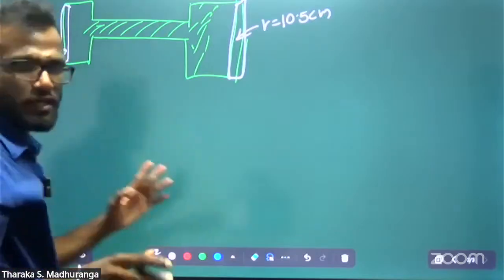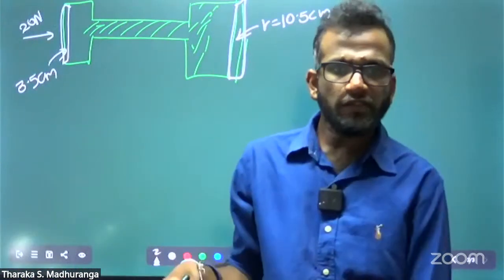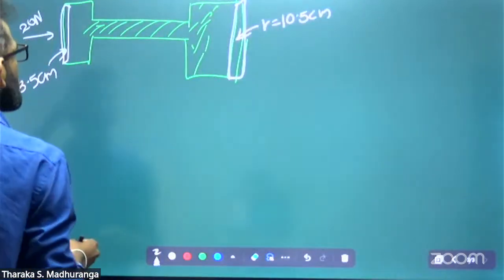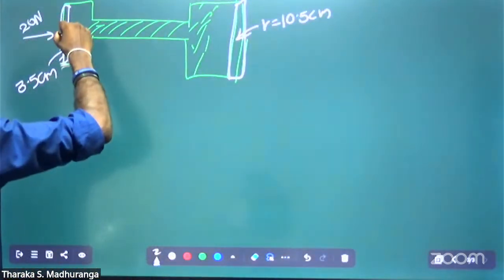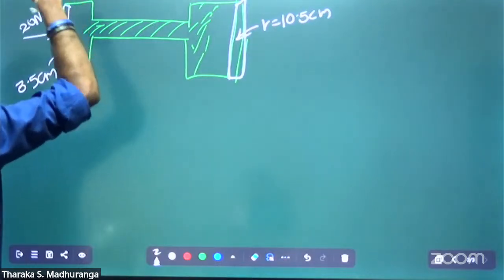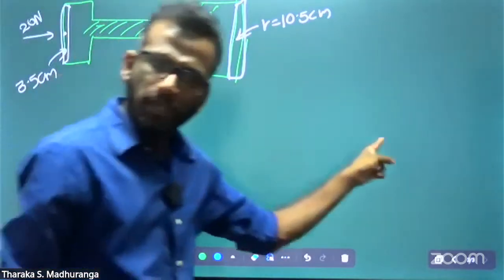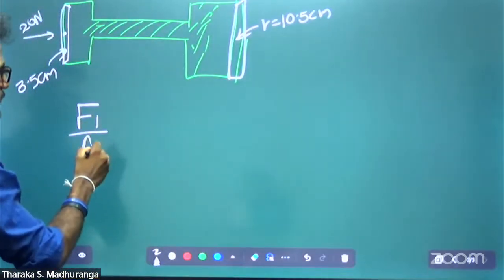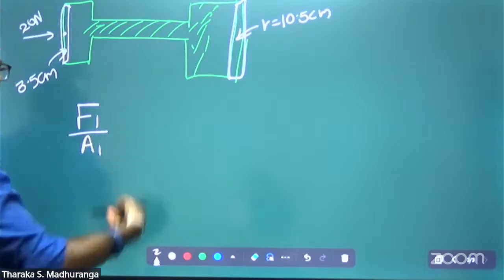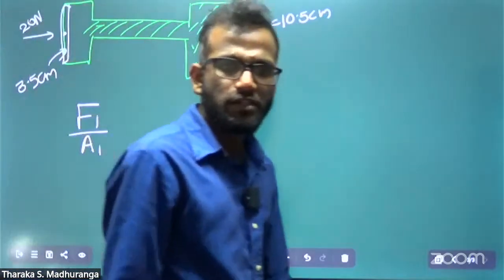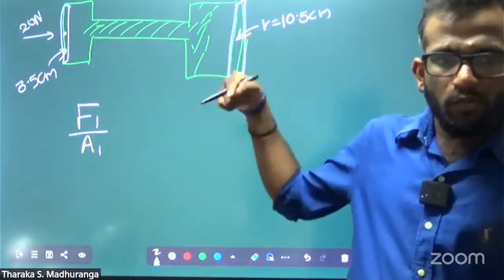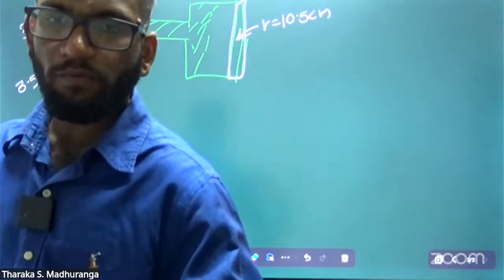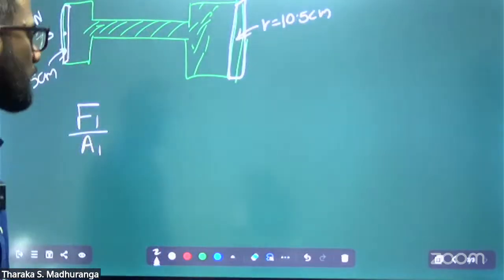actually you don't need the equation, but for your easy usage, I have given the equation here, Pascal's theorem. According to Pascal's theorem, the pressures are equal, that means PA equals PB. Now PA is F1 over A1, force over area, that's the pressure equation. Pressure equals the perpendicular force exerted on a unit area.